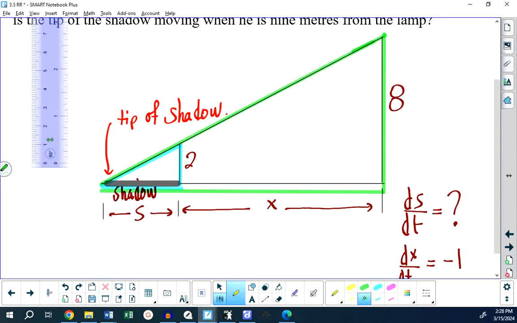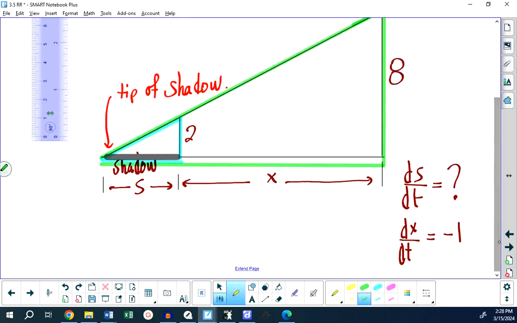That 2 divided by s, which by the way is the tangent of this angle, must be equal to 8 divided by s plus x, which by the way is the tangent of this angle, but it's the same angle. That's why I said it's not trigonometry, but you could justify it with trigonometry. It is a ratio that we're using to come up with the connection.